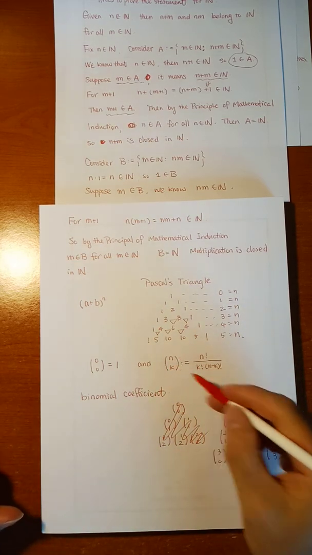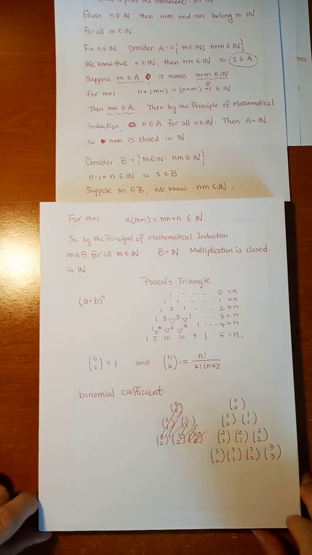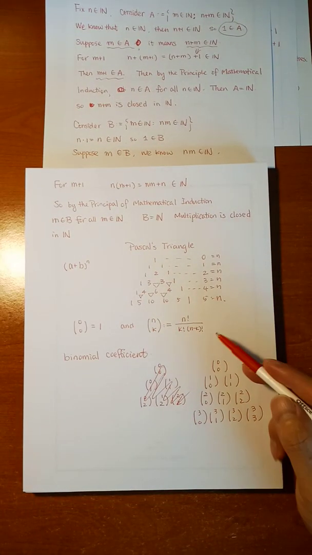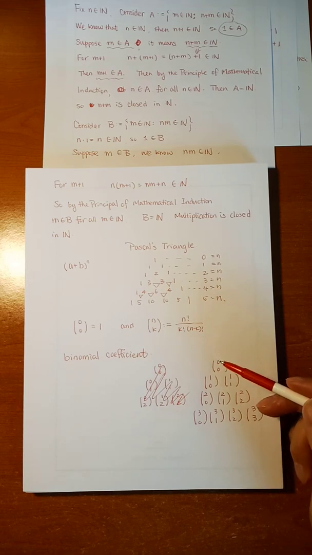So the top is the row number, and you can continue this. The formula is n factorial over k factorial times (n minus k) factorial.